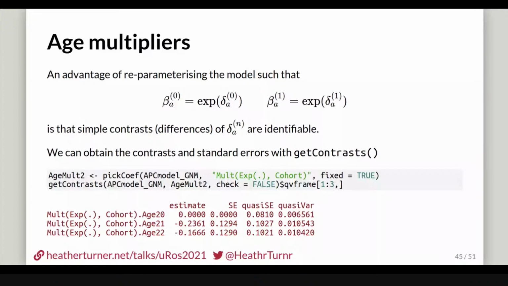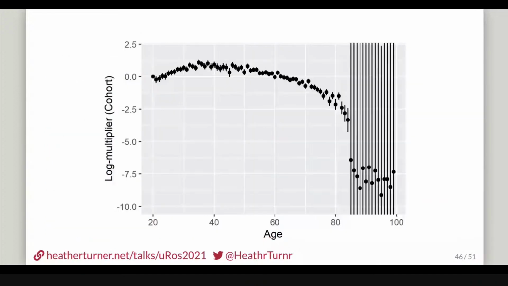In this particular case, though, the approximation doesn't work very well, so we're going to stick with the estimates and standard errors just to plot some estimates and approximate confidence intervals. And this isn't some ggplot2 mistake here. Those error bars or confidence intervals at the end really do become very, very large.